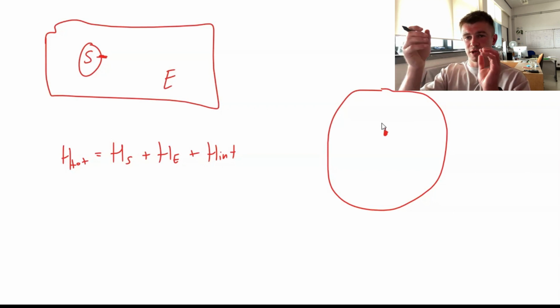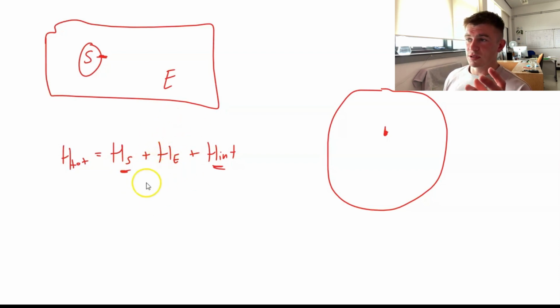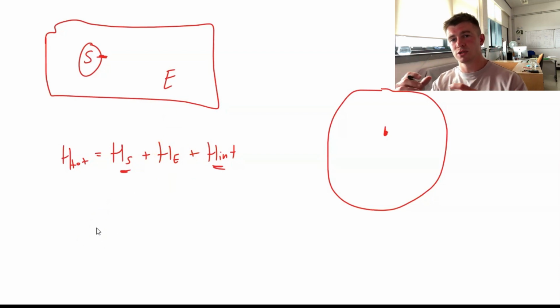So as the system gets smaller and smaller, the surface area to volume ratio goes up, and therefore this interaction here is going to be comparable to the system Hamiltonian here. And what this is going to mean is that small fluctuations in heat, which in classical thermodynamics we can ignore, are going to be comparable to the energies that we're looking at.